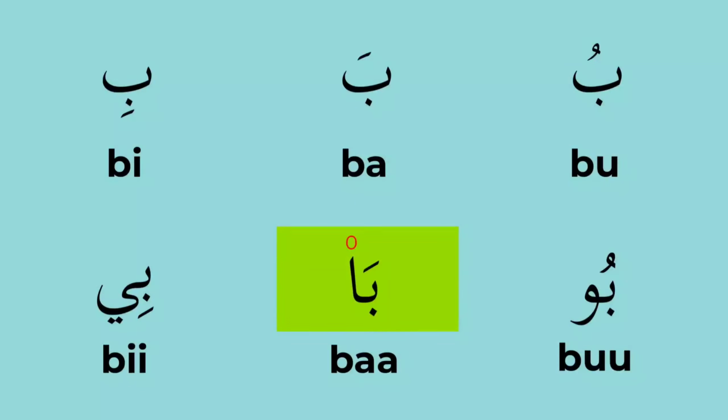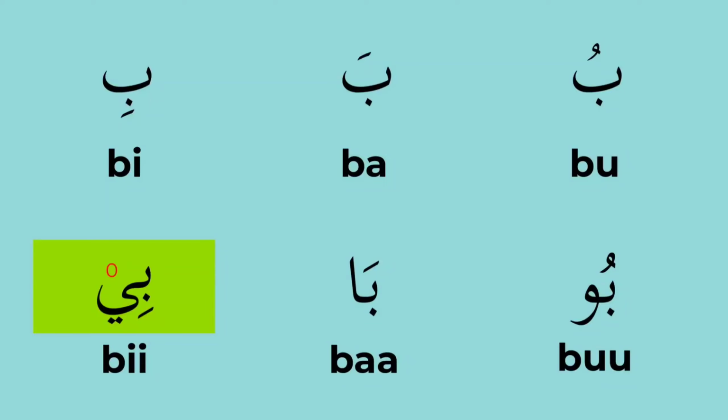We don't write it, but there is a sukoon. And what about bi? Where is the vowel sign? On the b. What is on the ya? A sukoon, because there is no vowel sign. Now these things are to be remembered. Okay? So you don't write it, but it is there.